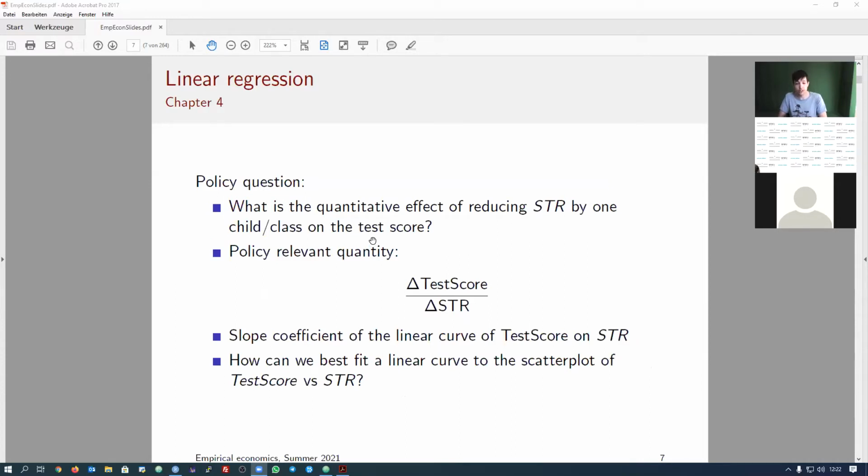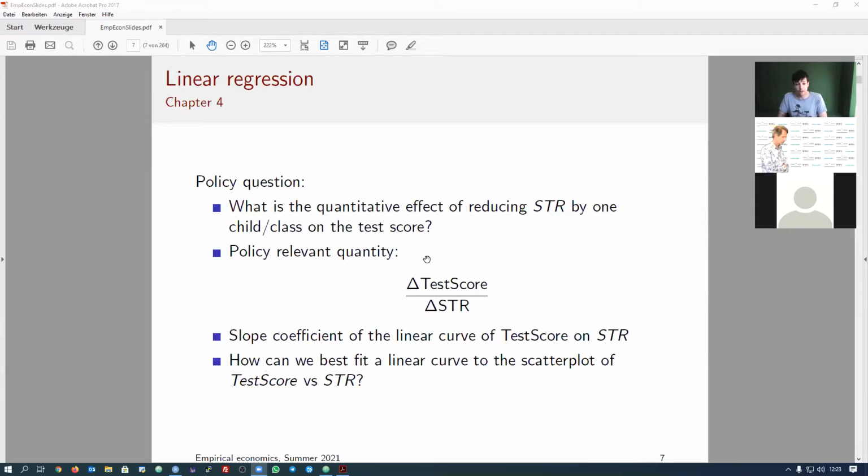The relevant quantity is the slope of the line we would put through this cloud. It is defined by the change in our test score divided by the change in our class size, just the normal formula to compute the slope of a line.